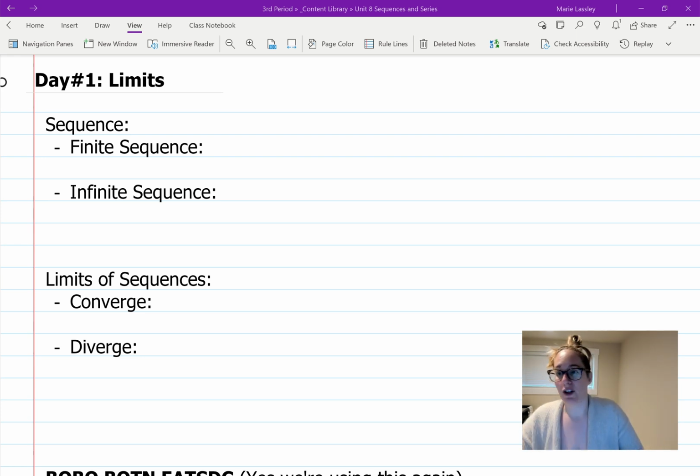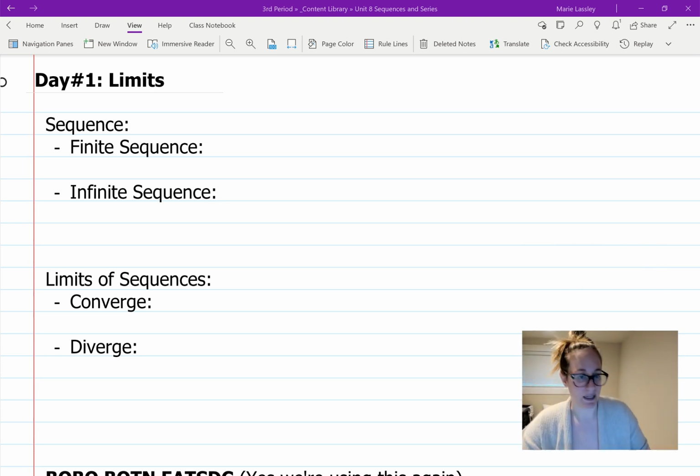All right, so a sequence is just an ordered progression of numbers, right? And these numbers generally have some kind of pattern to them. Generally, not always, because there are sequences that don't have a distinctive pattern, but for this class anyways, we're going to be looking at these ordered progressions of numbers with some type of pattern.